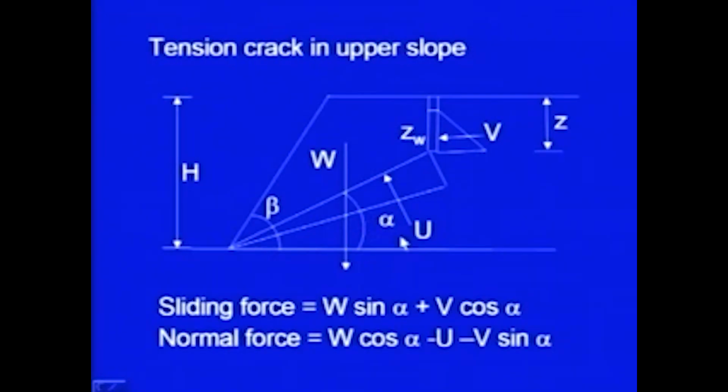Let us go to the analysis part. So, here it is the first case when the tension crack is in the upper slope. Somewhere here the depth of the tension crack is Z. I have already explained the different forces which we have to take into account. This is the wedge now, which is going to fail, which we are assuming is sliding. Its weight is acting in the downward direction, and our principles will be the same.